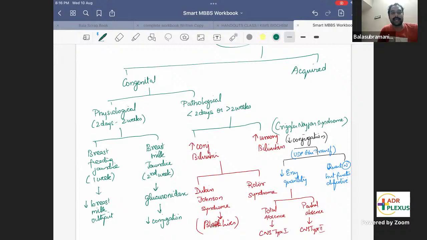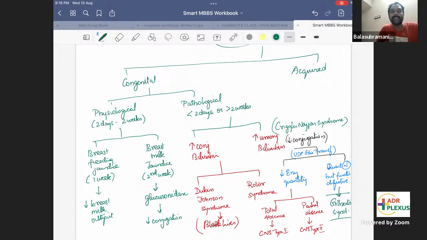Type 1 is complete absence of the enzyme, type 2 is partial absence. Which is the most severe among those two? Type 1 is the most severe. And then where the enzyme is present, but it is not working properly, that kind of disease is called Gilbert's syndrome.